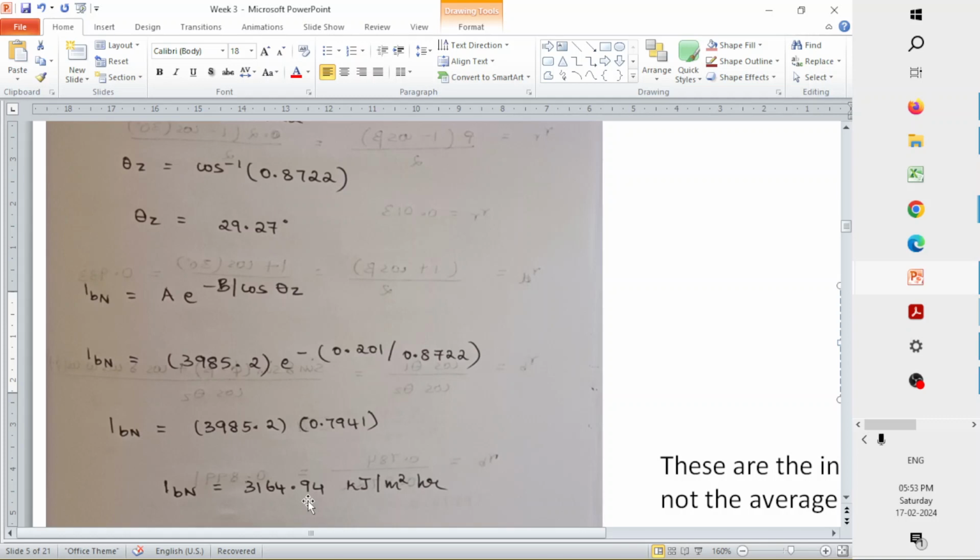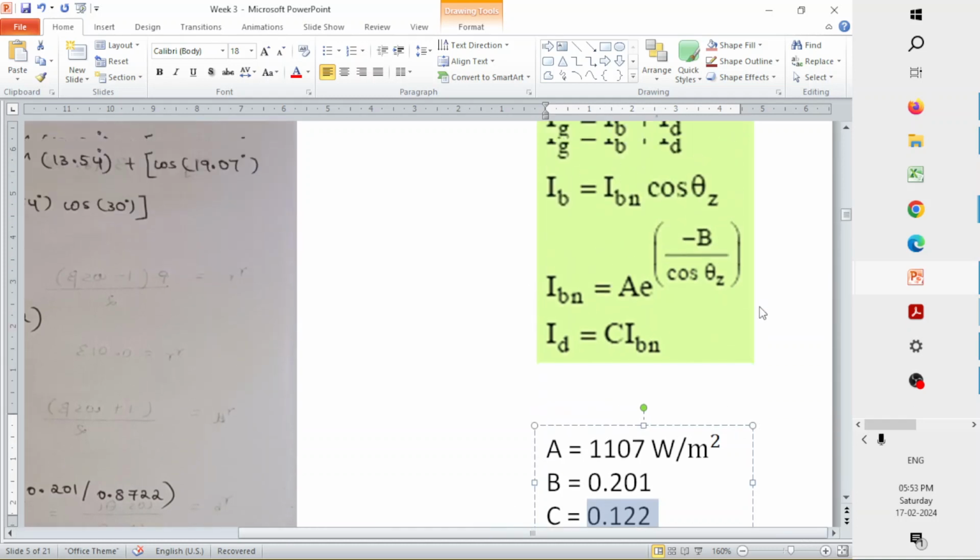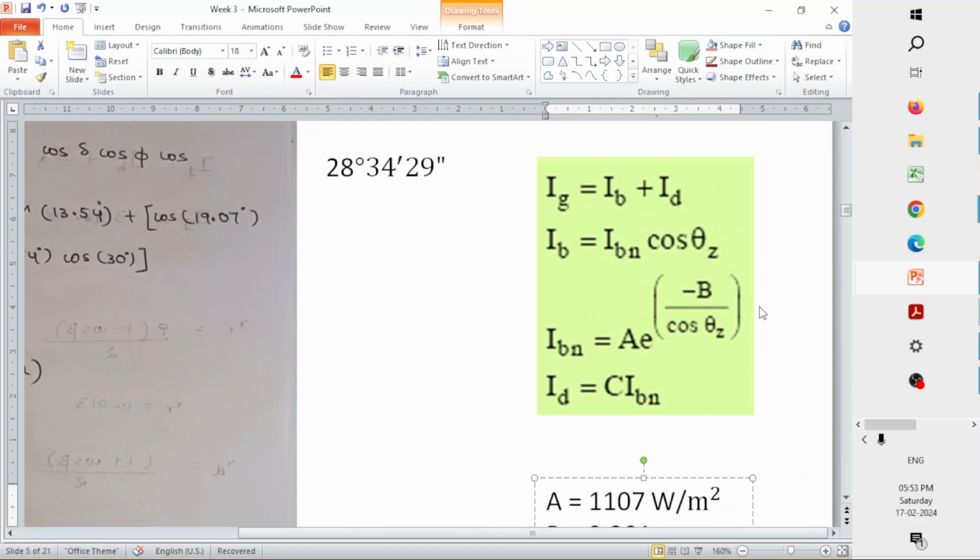In case you are having any confusion regarding how to get the values of A, B and C, all these will be given to you as given data, because these values are actually taken from literature. So you don't need to memorize these formulas. This is just for practice, because usually in a question the values of IB and IG will be given. In a practical setting you cannot calculate the values of IG and IB using this literature, because then the model that you develop may not be exactly accurate.